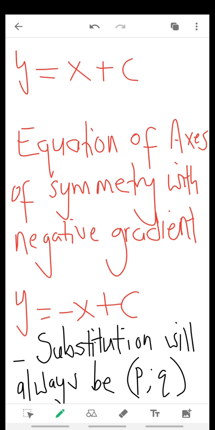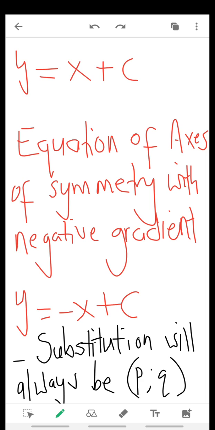Remember, I said the gradients of the axes of symmetry of a hyperbola will always be 1 or minus 1. So when the gradient is positive 1, using the equation of a straight line, since the axis of symmetry is a straight line, we have y = x + c. And for us to find c, we will be substituting the coordinates of the asymptotes.